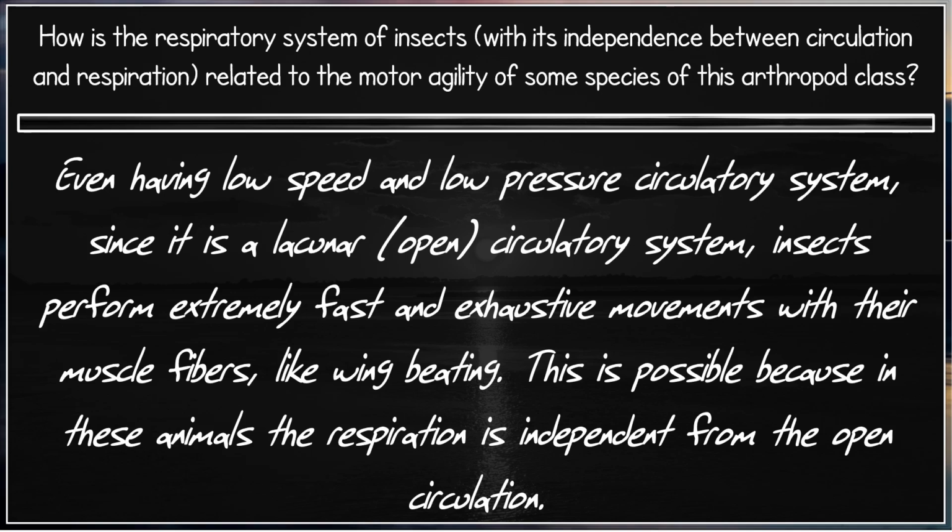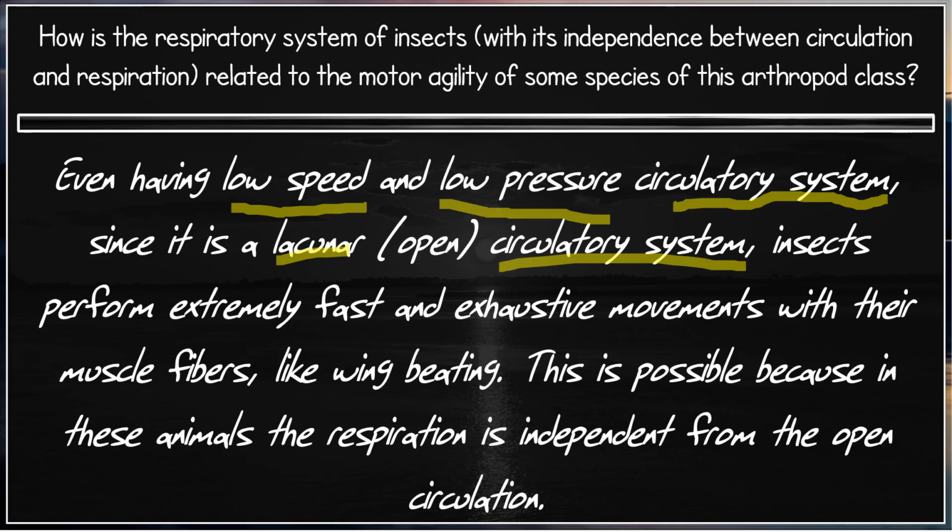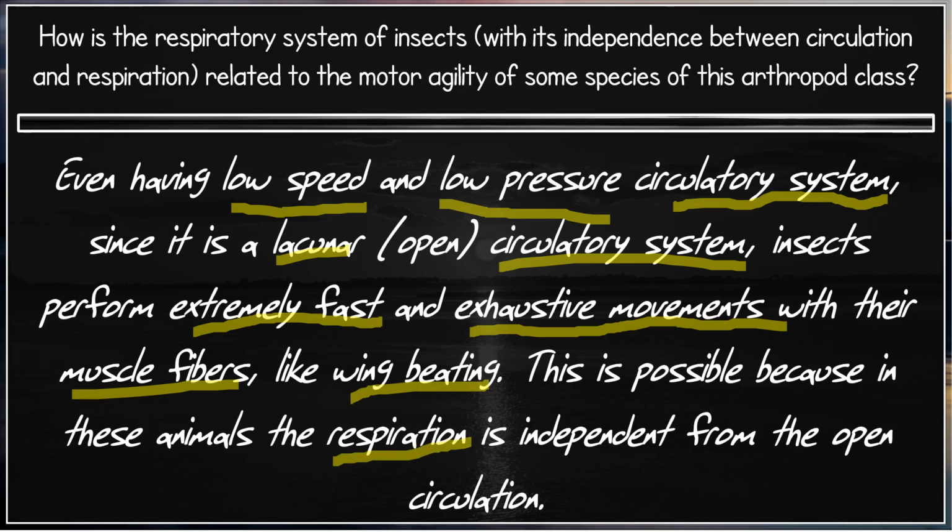Even having a low speed, low pressure circulatory system, since it is a lacunar open circulatory system, insects perform extremely fast and exhaustive movements with their muscle fibers, like wing beating. This is possible because these animals' respiration is independent from the open circulation.